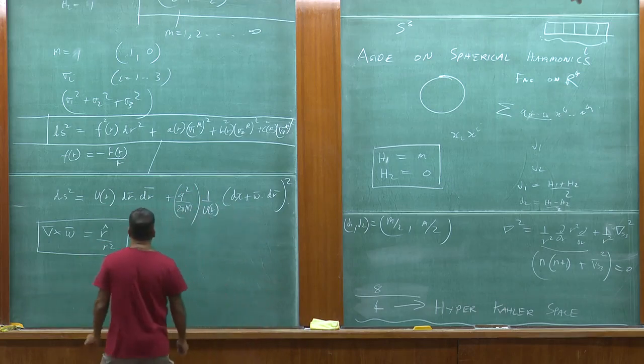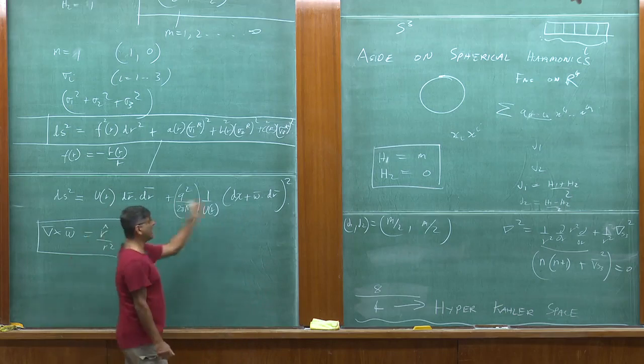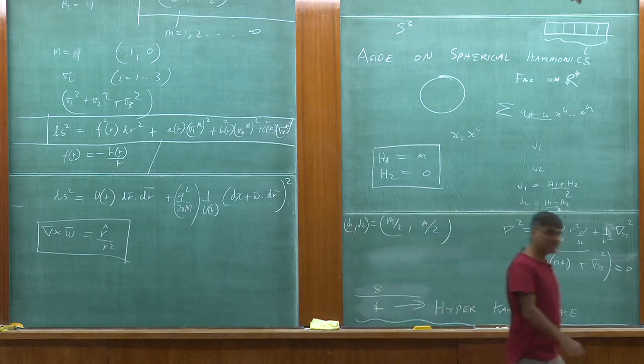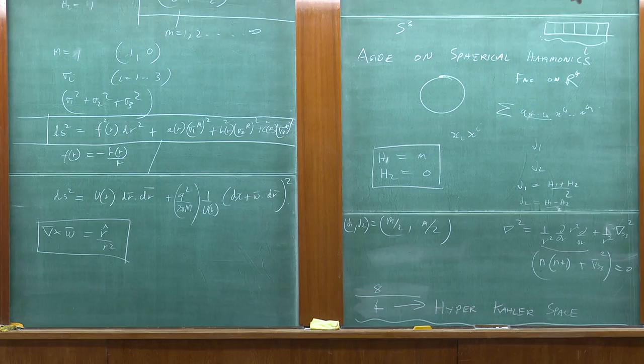Now we've kept one correction to this large R behavior because it's very important. And this one correction goes as follows. You see, along with that d chi, we have omega dot dr. Now, what is this doing? Maybe some of you have experience with Kaluza-Klein theory.